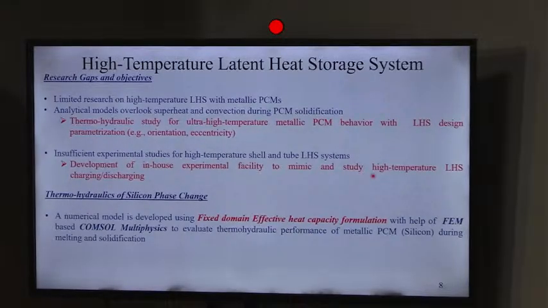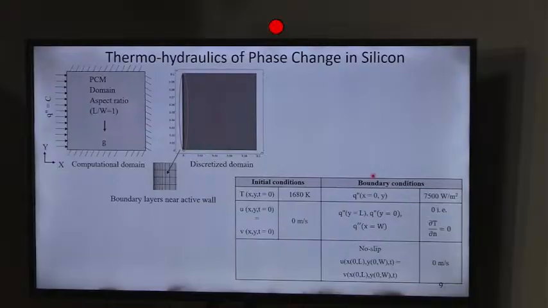This is what we wanted to speak about when we started this experiment related to thermal energy storage of silica, and we did a simple thermohydraulics study of a phase change material. This is more from the computational heat transfer point of view, where you take a battery, mesh it, make small control volumes, and impose the boundary conditions.